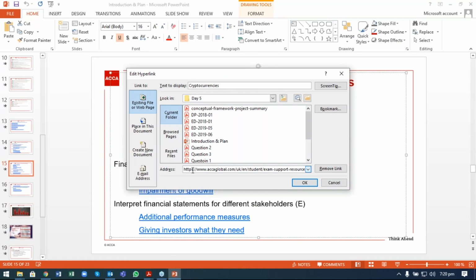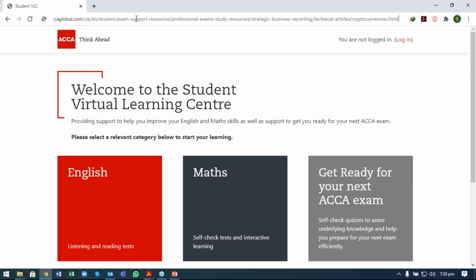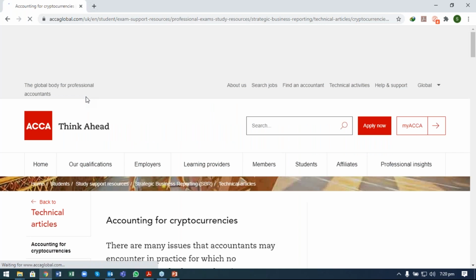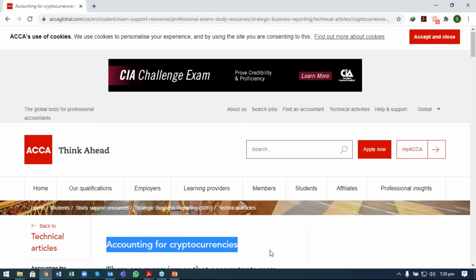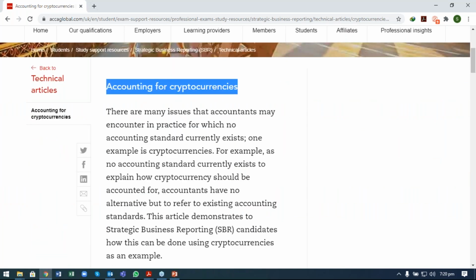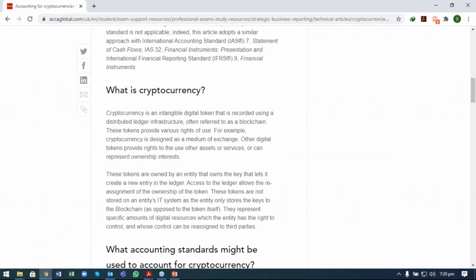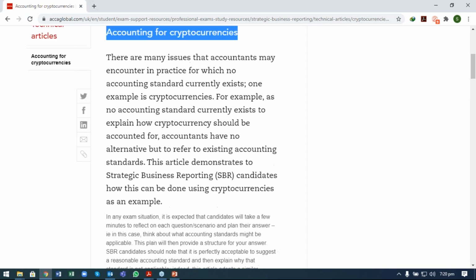This is the hyperlink provided within this section, right? You can copy this one and paste it within the address bar of whatever internet search application you're using. So this is related to cryptocurrencies, right? I hope it is clear to everyone.